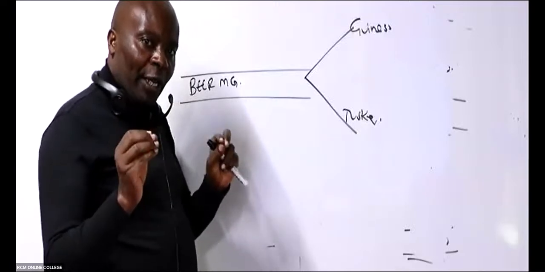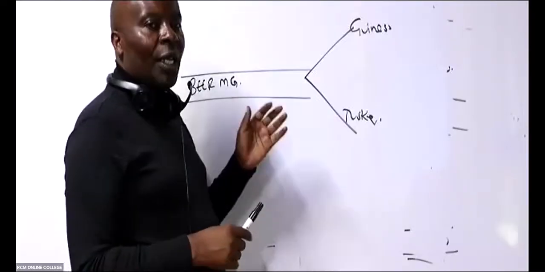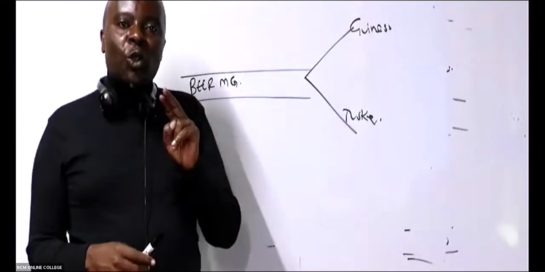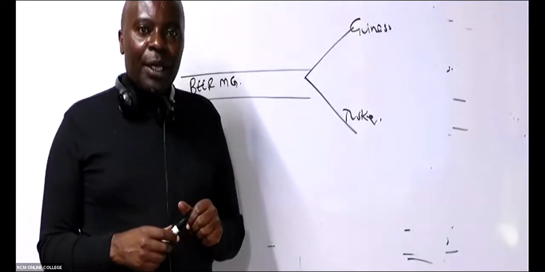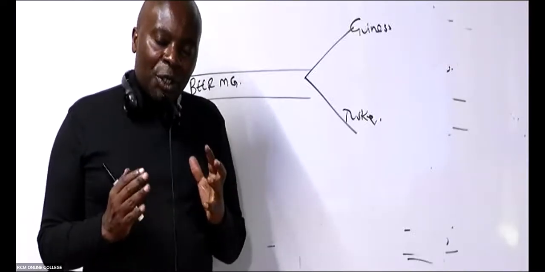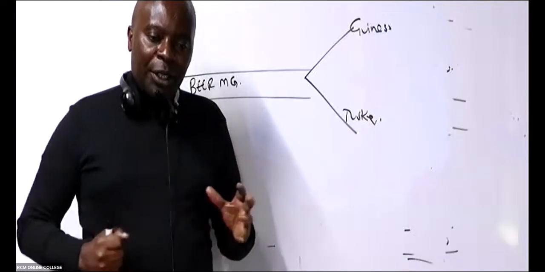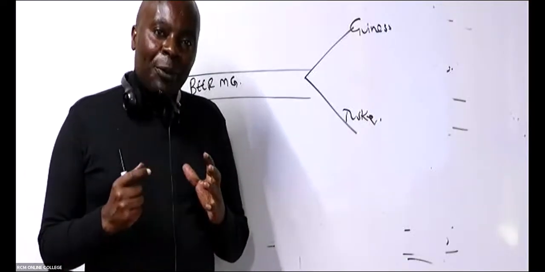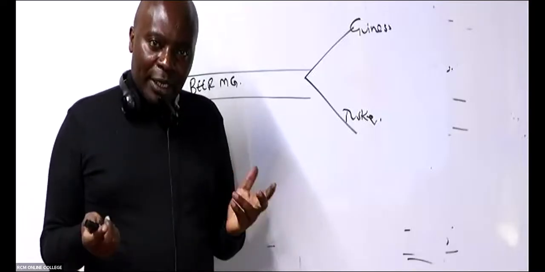But ladies and gentlemen, if, for example, a particular process leads to production of two products, say you're producing chairs. You're a carpenter. So in the process of producing these chairs, you end up coming up with two products. One product will be the chairs you are supposed to produce.